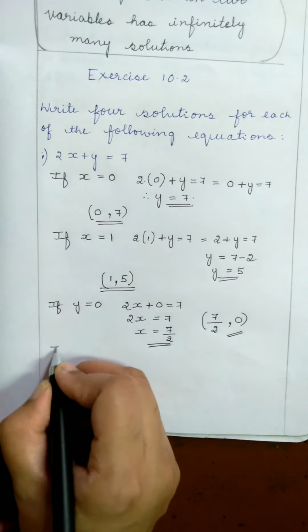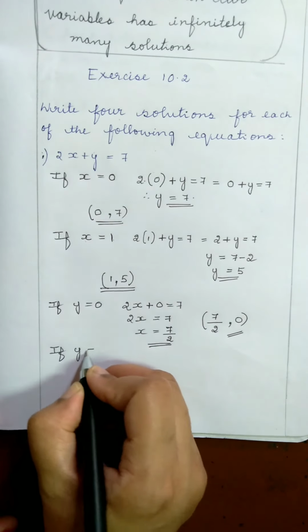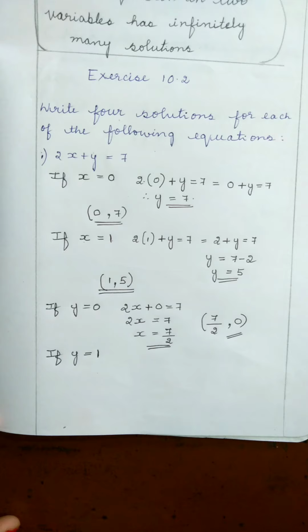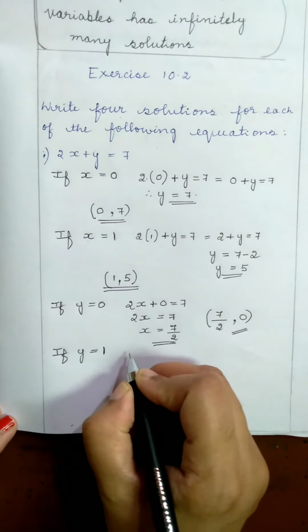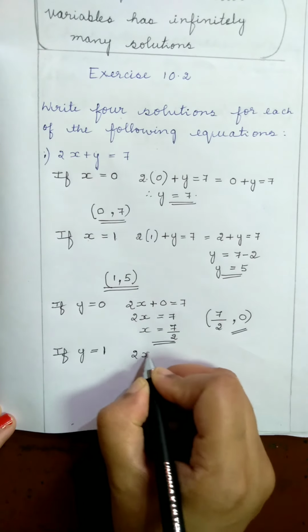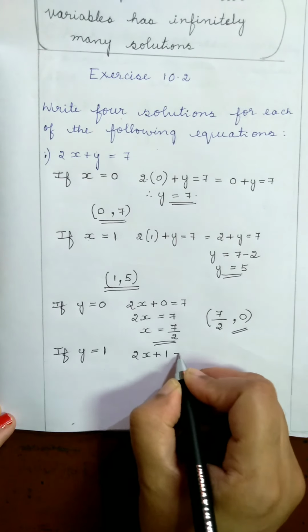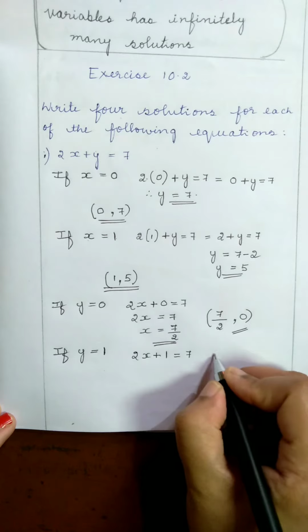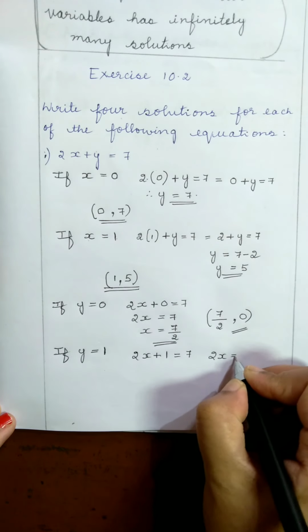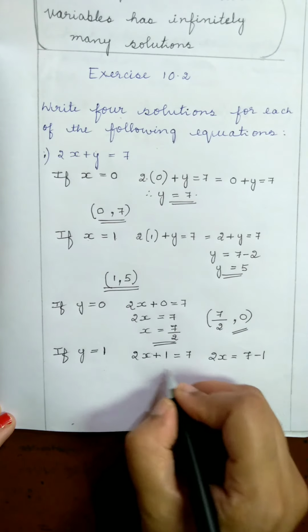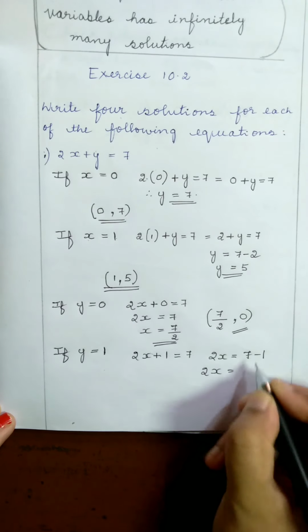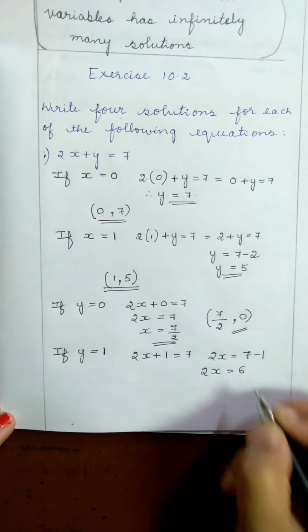Now, if y is equal to 1, when substituted in the equation we have 2x plus 1 equal to 7. Then 2x is equal to 7 minus 1, that becomes 6.